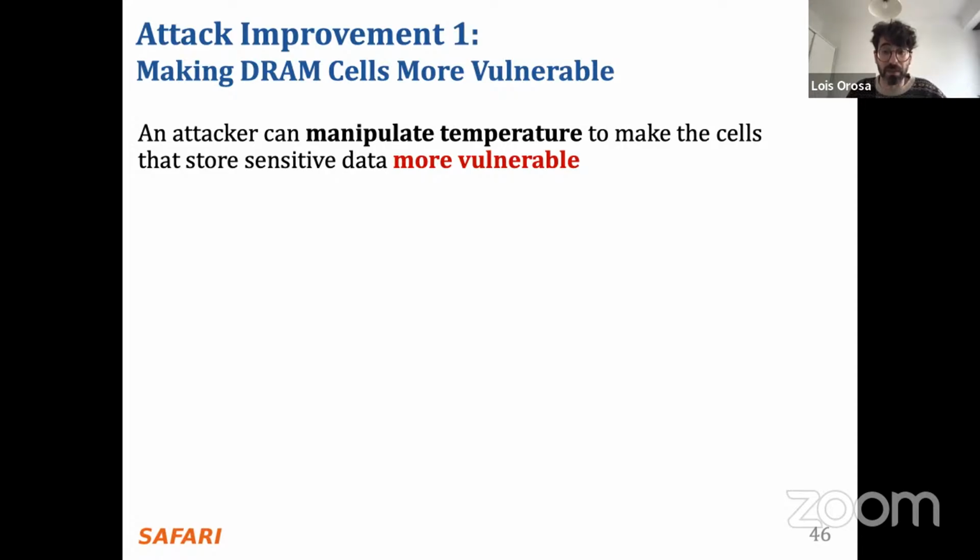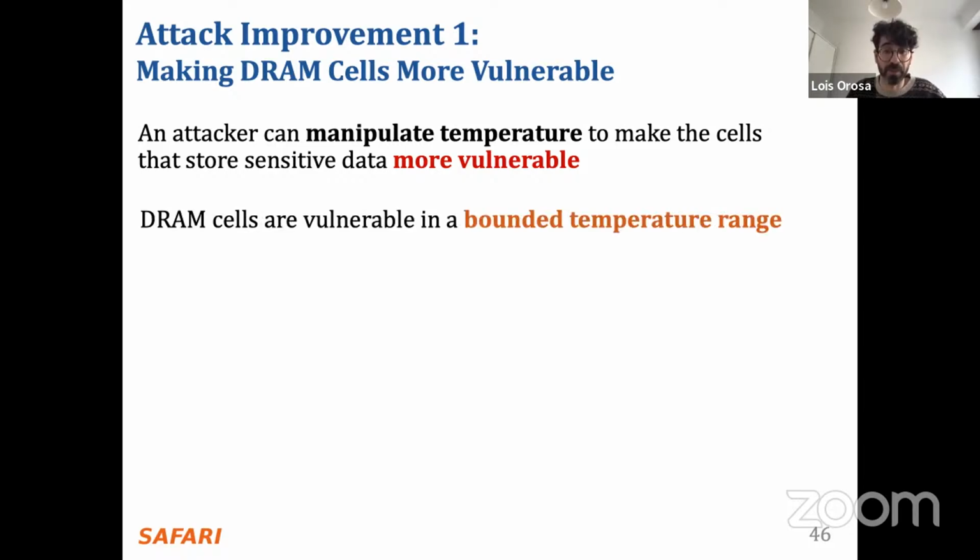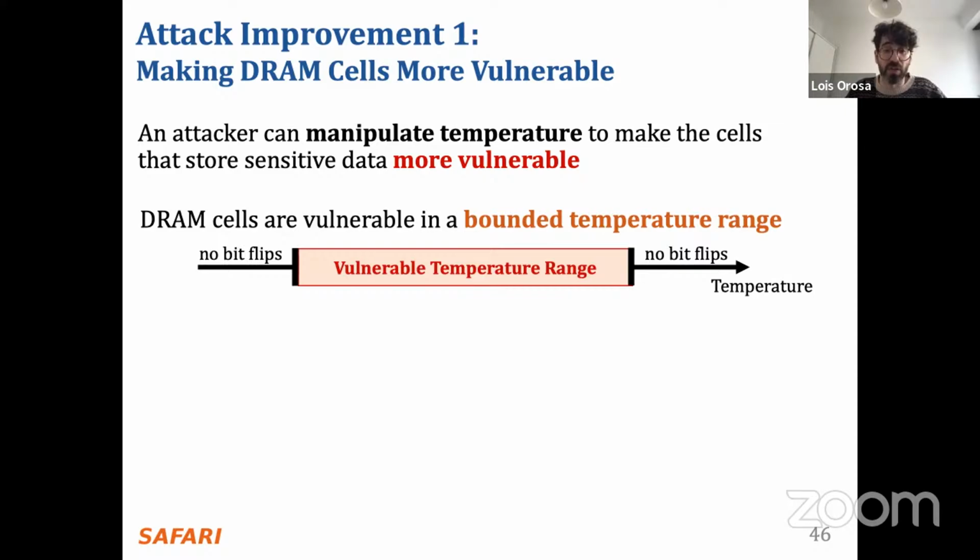In the first example, for an attack improvement, the attacker manipulates the DRAM module's temperature to increase the RowHammer vulnerability of the cells that store sensitive data. You observe that DRAM cells are vulnerable to RowHammer in a bounded temperature range, right? So this range is called the vulnerable temperature range.